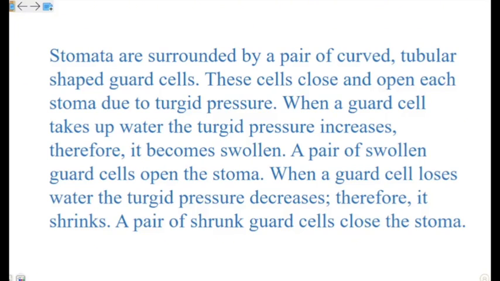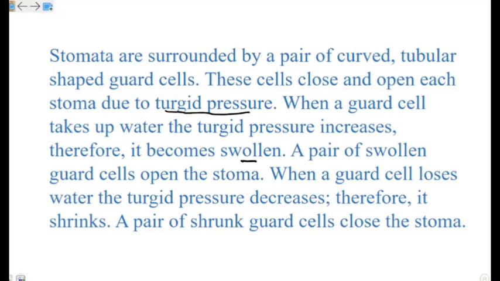The stoma is surrounded by a pair of curved tubular-shaped guard cells. So these cells close and open each stoma due to the turgor pressure. When a guard cell takes up water, the turgor pressure increases, therefore it becomes swollen. A pair of swollen guard cells open the stoma.